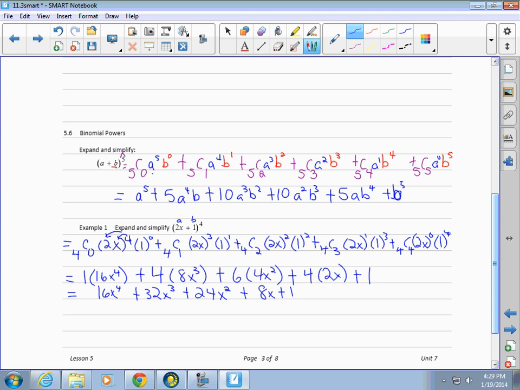One thing you might also notice as we're going through these, my powers: 5 and 0 is 5, 4 and 1 is 5, 3 and 2 is 5, 2 and 3 is 5, 1 and 4 is 5, and 0 and 5 is 5. So when you're expanding these, the powers of your terms always have to add up to equal whatever the power was in the question.